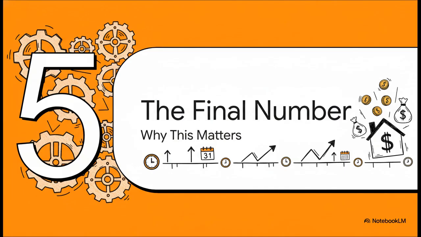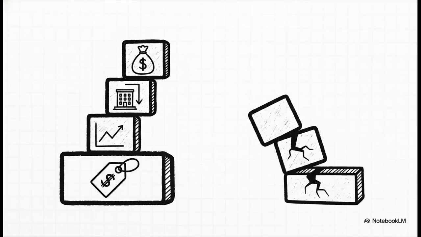Why does getting this one single initial number right actually matter so much in the grand scheme of your investment? Because everything, and I mean everything, that comes after is built on this number. It's the foundation.